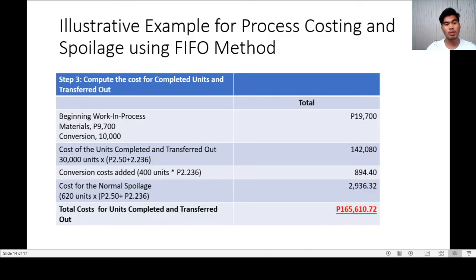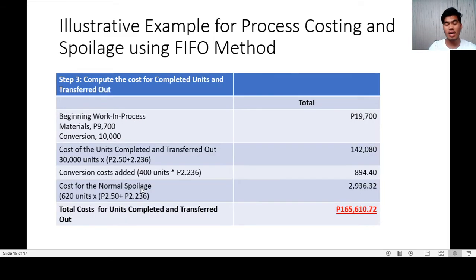So yung pagtapos nito, ita-times mo lang dun sa conversion cost per unit, yung 2.236. Ito yung equivalent unit cost ng conversion. I-times mo by 2.236 sa 400, that is 894 pesos and 40 centavos.